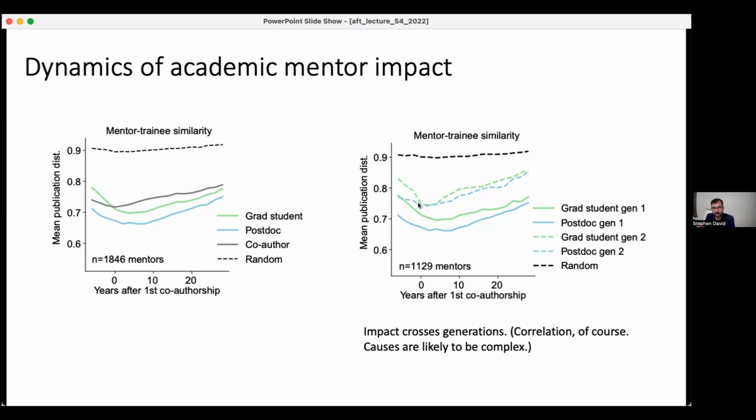You can see a similar effect. Obviously there are lots of correlations here, so I don't want to speculate too much on the causality, but when you start working with someone, your semantic output tends to be drawn not only to them but also to their mentors, and that effect can last for many years as well.